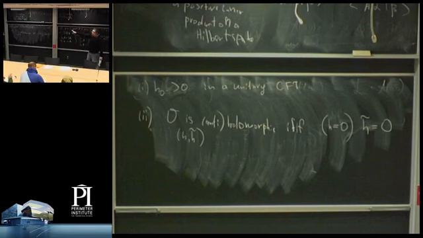You can show that in the CFT, the operator is holomorphic when the anti-holomorphic weight is 0, and the operator is anti-holomorphic when the holomorphic weight is 0. This sounds like a trivial statement, but we'll see that it can be shown rather simply.